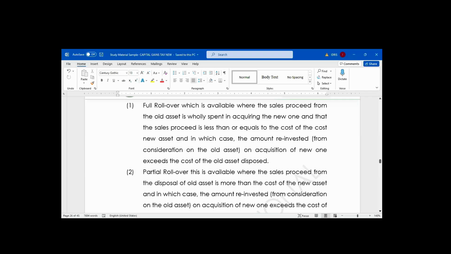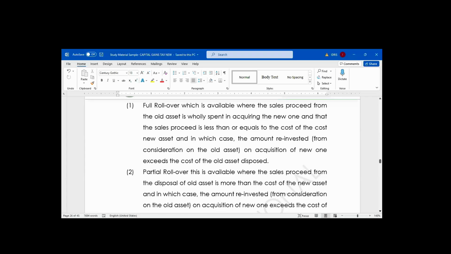So when you look at it, the amount invested in the acquisition of new assets is lower than the sales proceeds of the old asset, but higher than the cost of acquisition of the old assets.